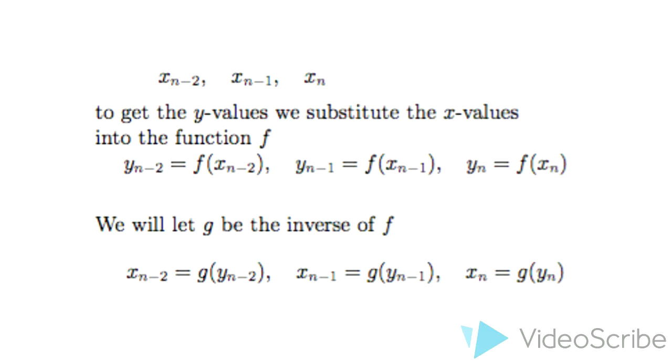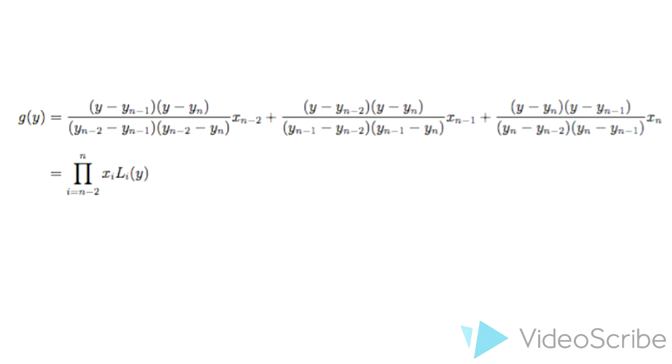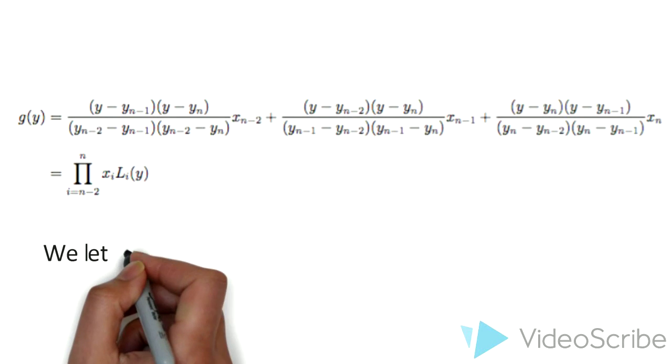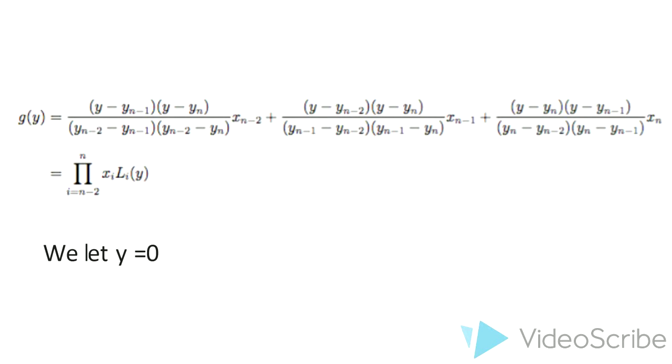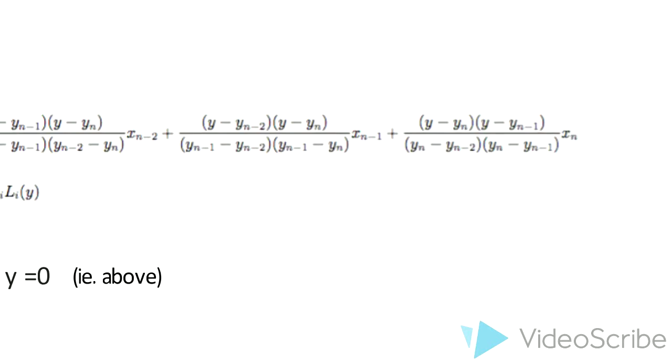Fitting the points into a parabola in y, we can compute the polynomial interpolation with Lagrange basis functions, giving the following result. To obtain the estimate for the new root x_{n+1}, we let y equal 0 in the equation that I've shown before.